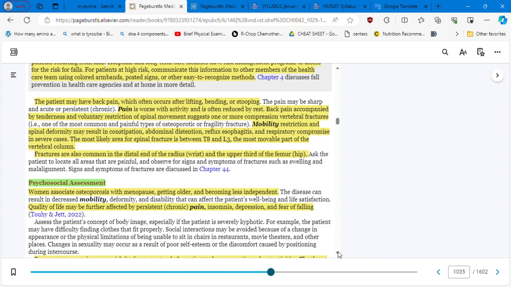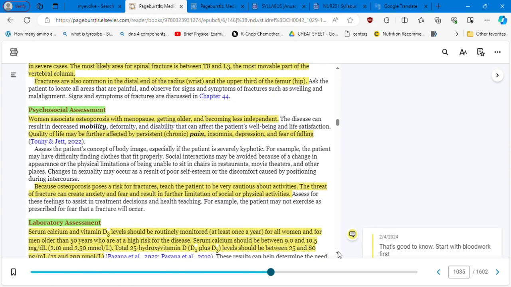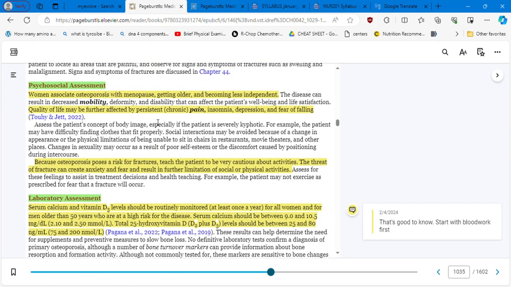Psychosocial assessment: women associate osteoporosis with menopause, getting older, and becoming less independent. Quality of life may be further affected by persistent chronic pain, insomnia, depression, and fear of falling. In my experience, postmenopausal women who are at the right weight have much better mental health.